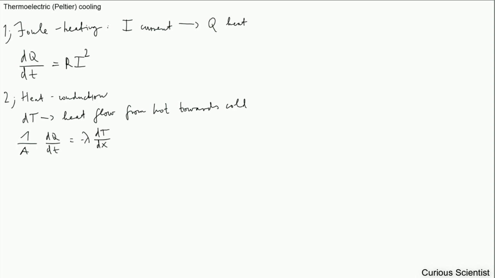So this is another loss. Despite having a cold and a hot part, they are not independent from each other in a Peltier device, so you have to consider that. And the hotter you get on the hot side, the higher this effect is.